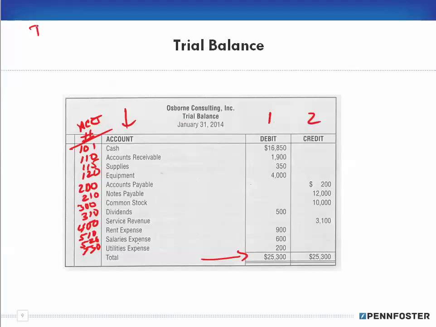Earlier I had said you start out with a beginning balance, then you have your transactions, which you put into your journal, you post to your ledger accounts, and then you create a trial balance at the end of the accounting period. Now, here it's just being written as trial balance.